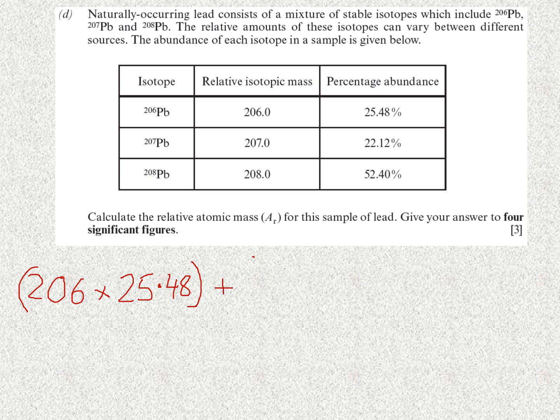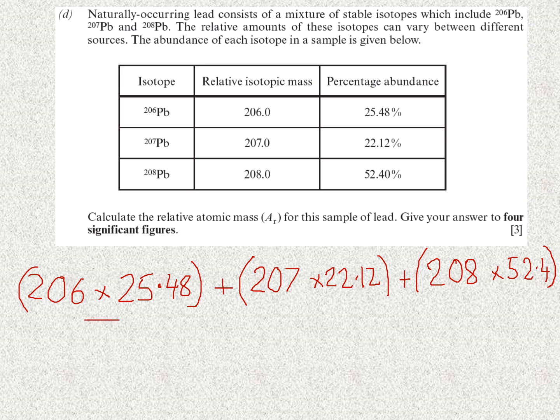Then we're going to add that to 207, which is the second isotope, times 22.12, and then the third isotope, which is 208, times 52.4, and we're going to divide that all by 100, and to 4 significant figures, the answer comes out as 207.3.